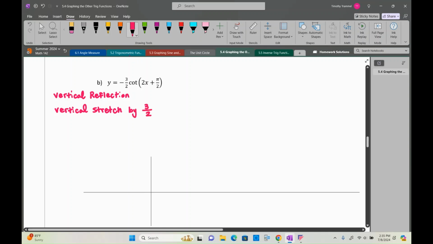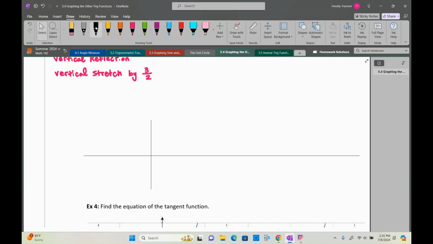And notice again, there's no vertical shift here. So rather than going up to 1 down to -1 on my y-axis, I'm just going to go 3/2 and -3/2.